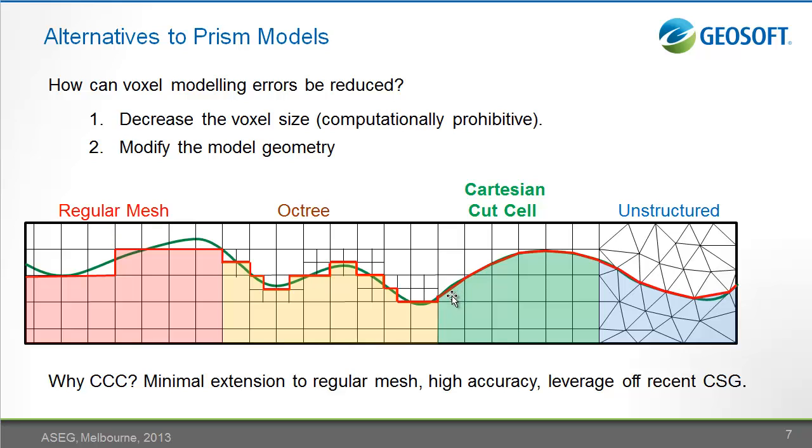The other thing is that there are many advances being made recently in constructive solid geometry in the computer graphics world, and we're able to leverage off those developments in the process of cutting voxels. What might have been a tedious and slow process at one time has now become quite efficient and straightforward thanks to the computer graphics industry. So this is the method we're presenting and talking about today, the Cartesian Cut-Cell method.